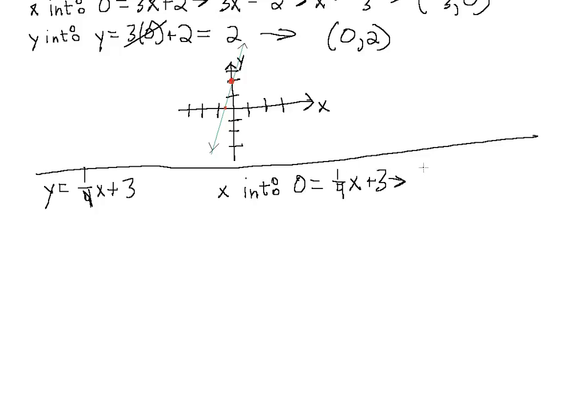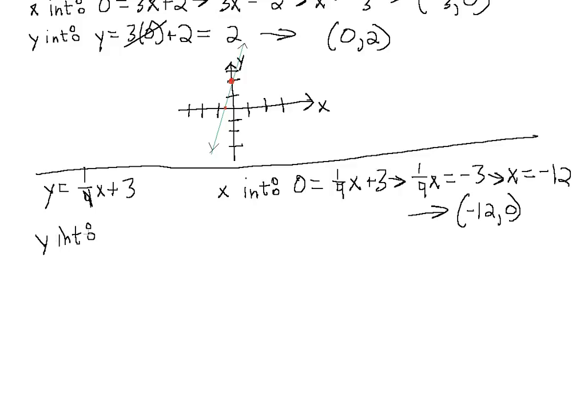Let's move the 3 to the other side, so we have 1/4 x equals negative 3. We can multiply both sides by 4 to get x by itself. So we have x equals minus 12. And our x-intercept is going to be minus 12, 0. Okay, let's find our y-intercept.